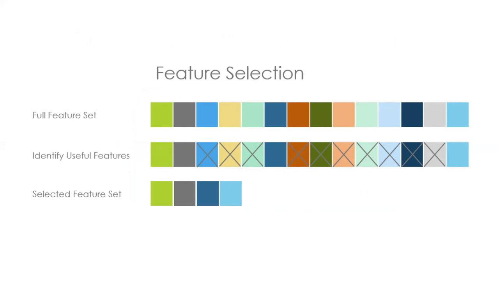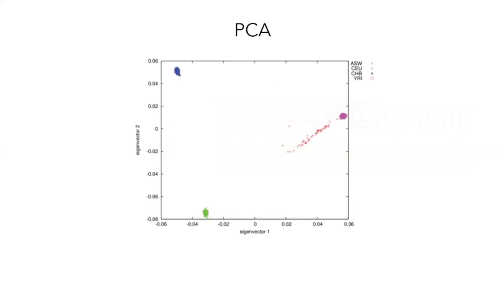So feature selection projects an initial set of features from a high dimensional space into a reduced set of features, and still the data are described with sufficient accuracy. And the common method for feature extraction is principal component analysis, which we have talked about in a previous lecture as well.